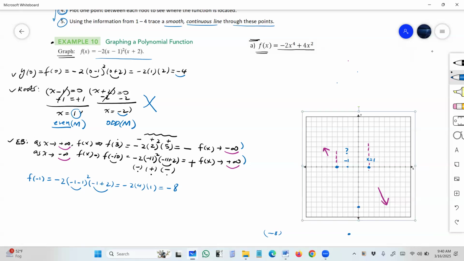All we have to do now is, as you see here, item 5, trace a line through all of these points and in the direction of the end behavior. So here's the end behavior. I am coming from here. Now just bear in mind that this is extremely hard to do.